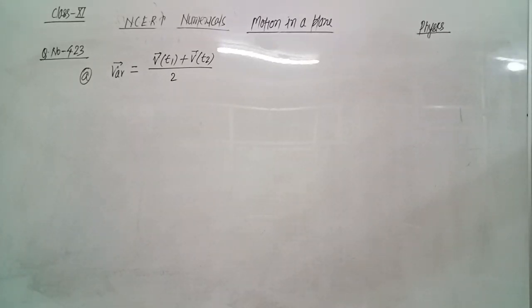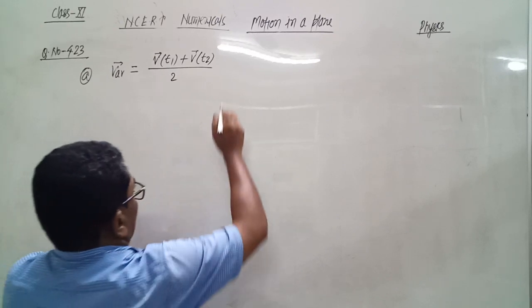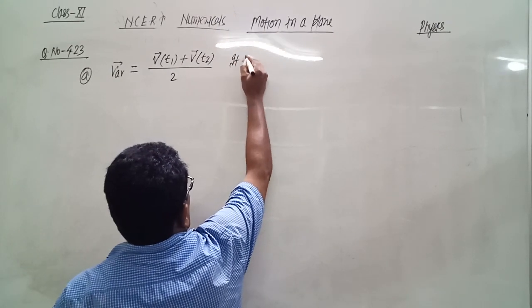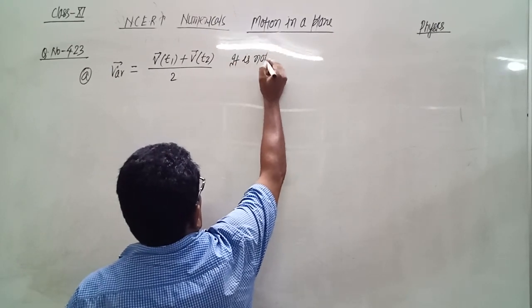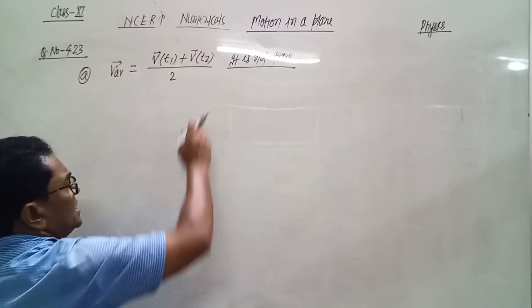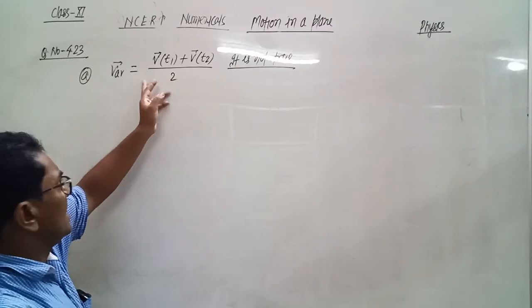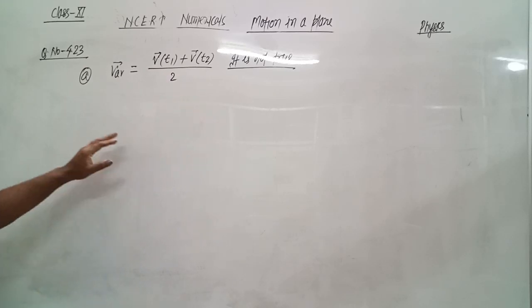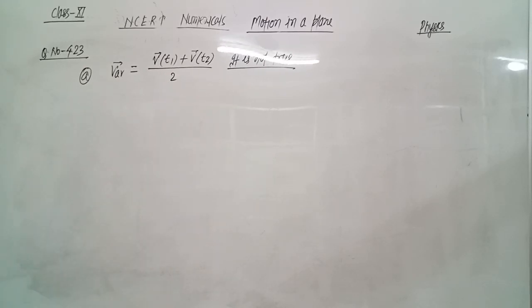So we have to say which of the following relations are true. So this is not true because average velocity is not defined in this way. That's why this is not true.